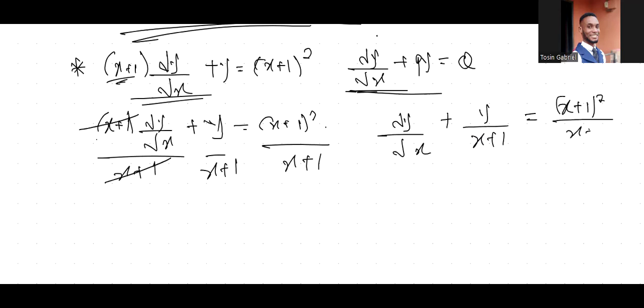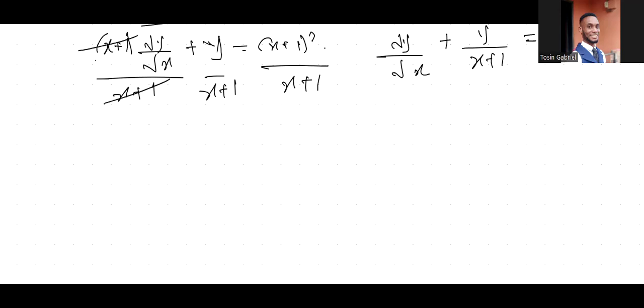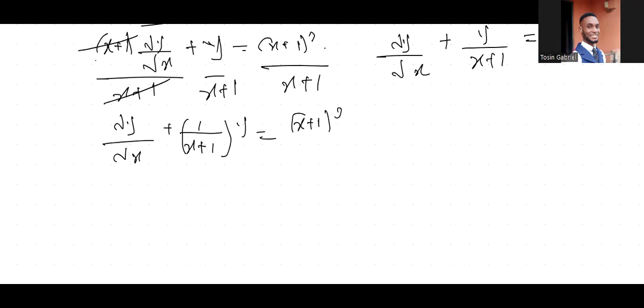All right. We will now have that dy/dx plus, so we can put in brackets 1 over x plus 1, multiplied by y, which is equal to (x plus 1) squared over x plus 1. So this will remove one of these. You'll be left with x plus 1.